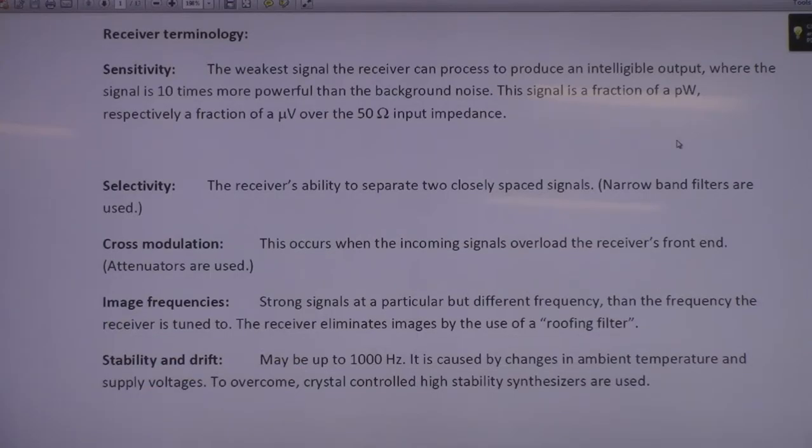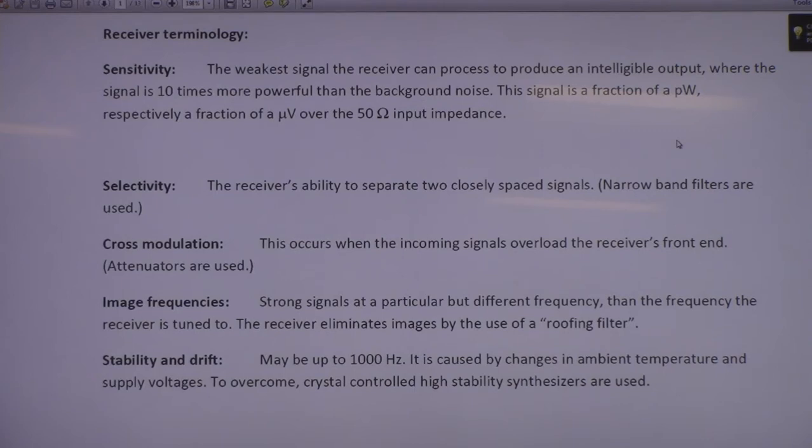Stability and drift. This is just as important for a transmitter. Stability and drift depend on the goodness of the frequency synthesizers, crystal oscillators and direct digital synthesizers you have in the radio, so that the frequency of your radio cannot move away.